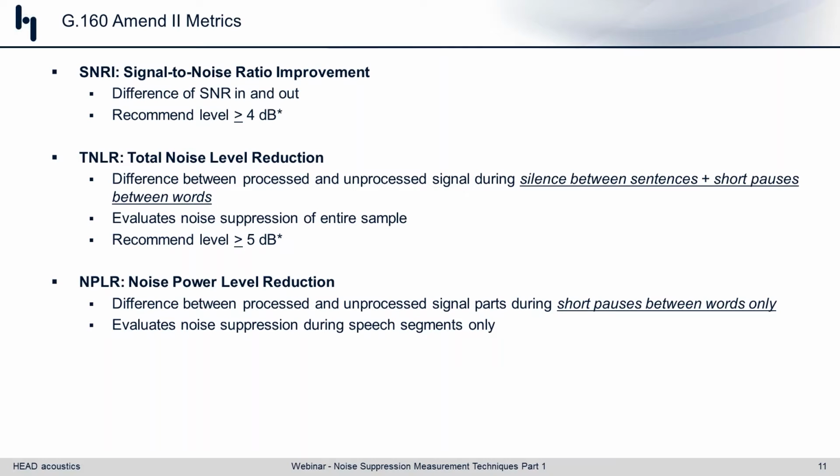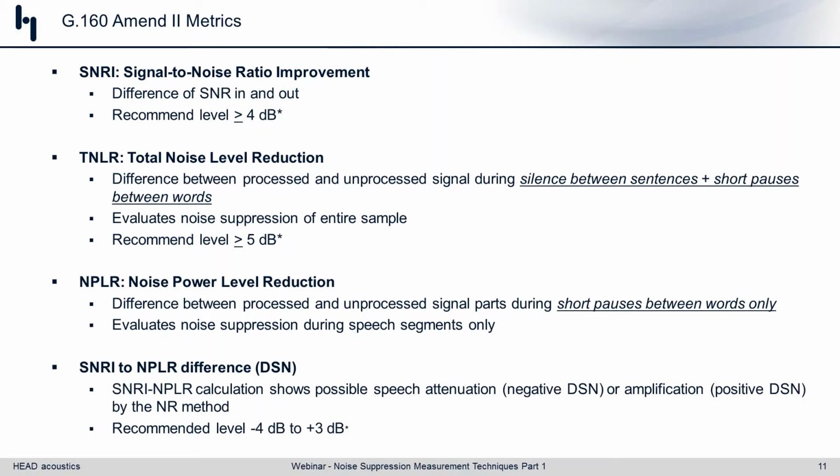And then looks at the delta between the processed and the unprocessed signals to say how good is the noise suppression occurring in between words in a sentence. Now, the goal with the NPLR metric is really to look at whether our device is doing something called noise gating, where that noise suppression in between words still remains natural, still remains active, so that the noise suppressor isn't too aggressive and just attacks every bit of silence or every pause aggressively.